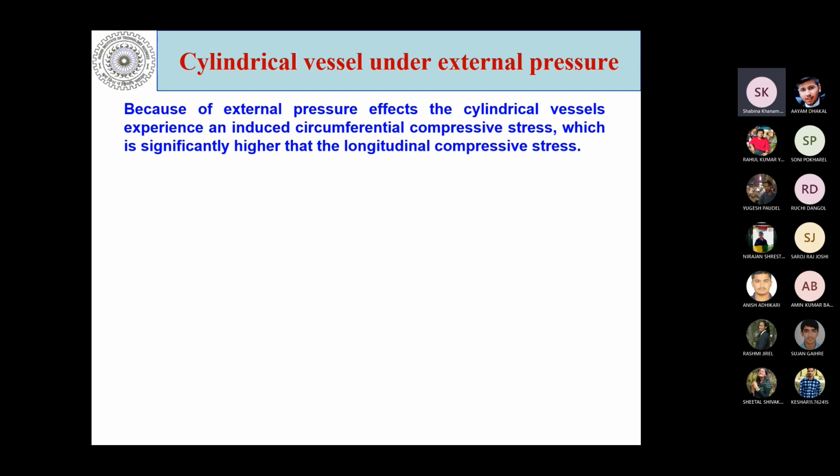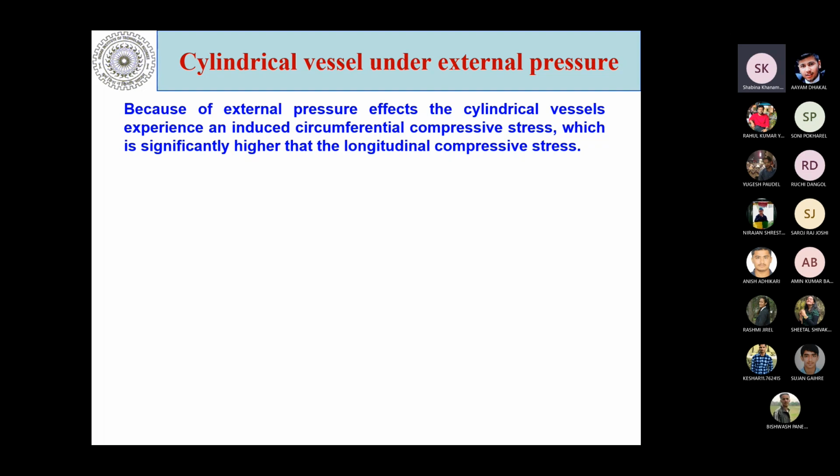Because of this external pressure, the cylindrical vessel experiences an induced circumferential compressive stress, which is significantly higher than the longitudinal compressive stress. When you visualize this external pressure vessel, inside the vessel we have lower pressure than outside. So the pressure acts from everywhere toward the inside, which we consider compressive stress.